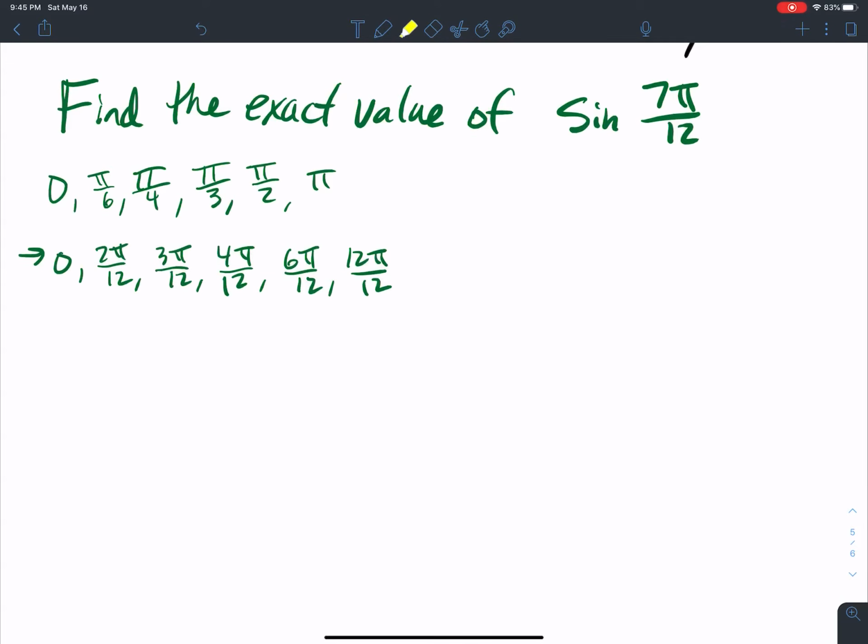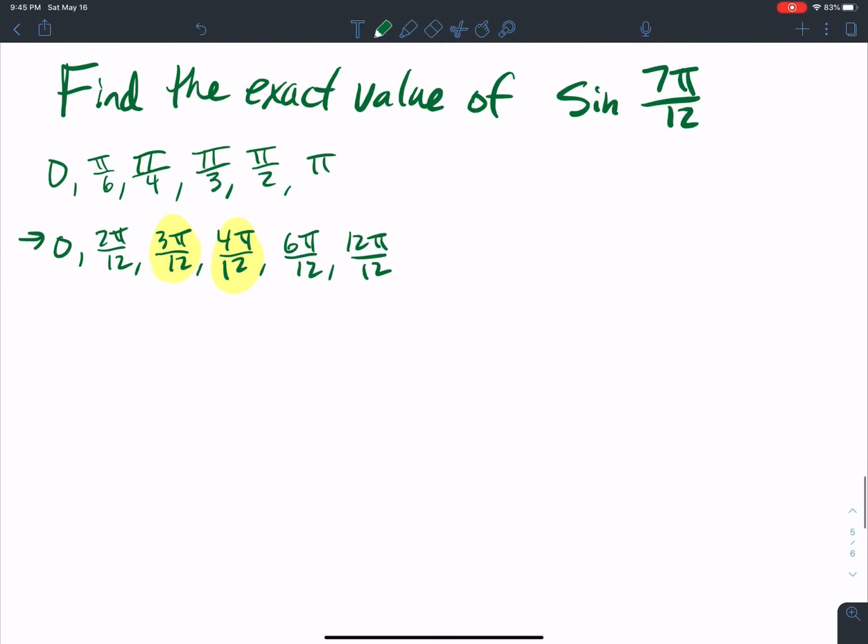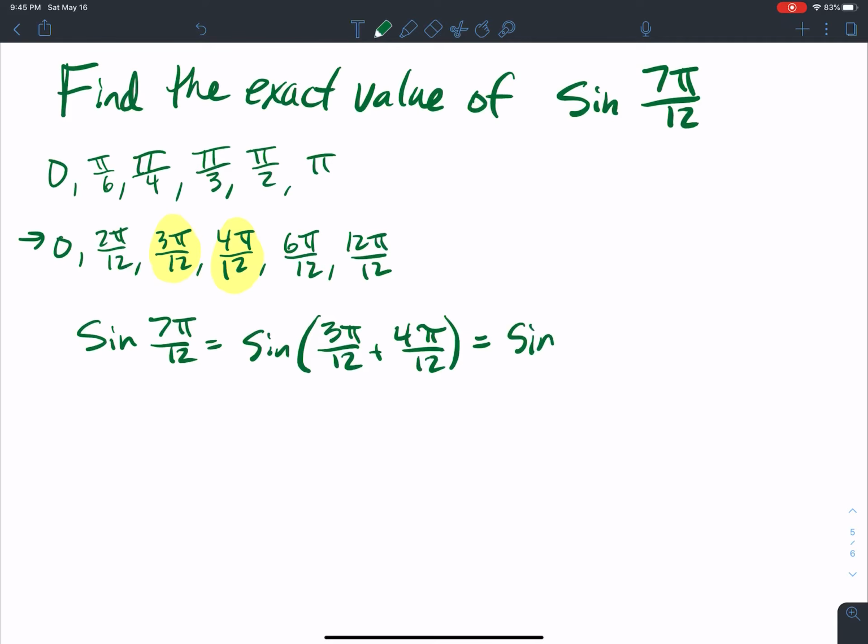Well, 7 I can get from 3 and 4, so I'm going to use those. So this is going to be the sine of 7 pi over 12 equals the sine of 3 pi over 12 plus 4 pi over 12. Okay, so this is equal to the sine of pi over 4 plus pi over 3.